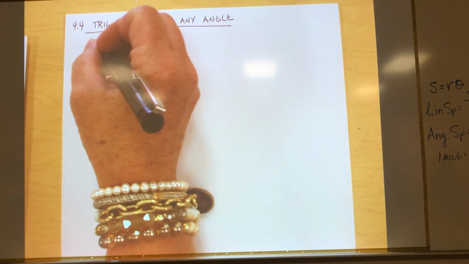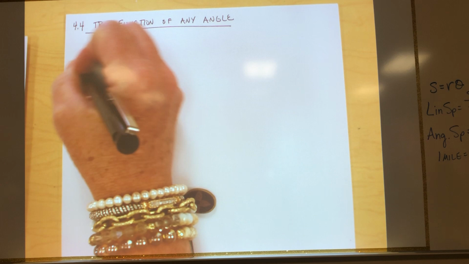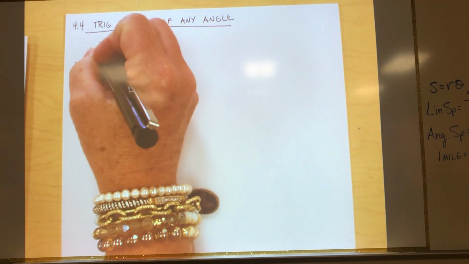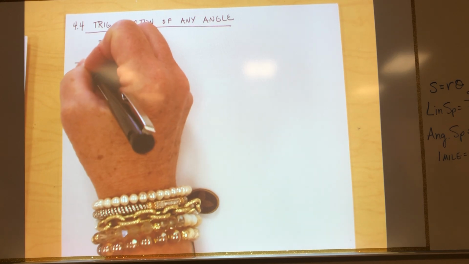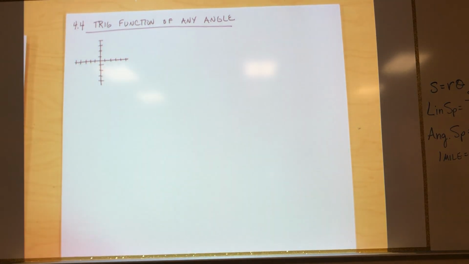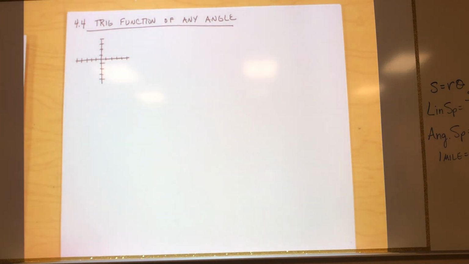So, trig functions of any angles. So let's pretend, got a little coordinate plane here. Now y'all listen, everything that we're going to talk about today, we have talked about before, and you know it. We're just going to take on a different aspect of it, all right?